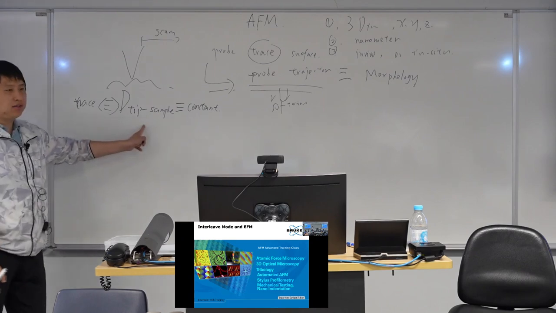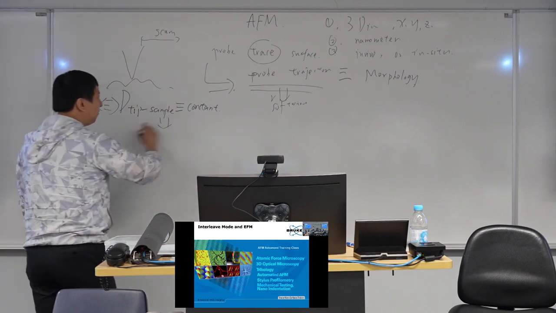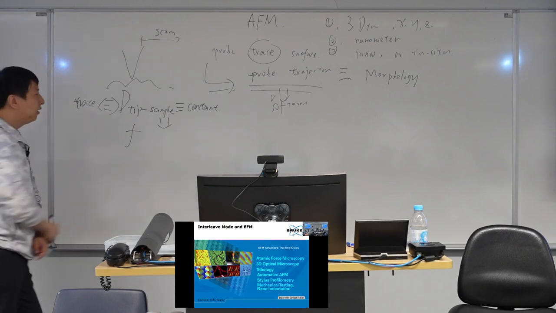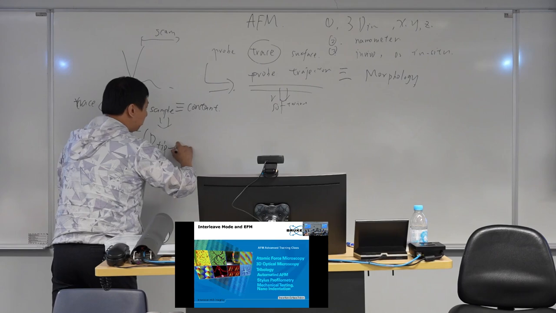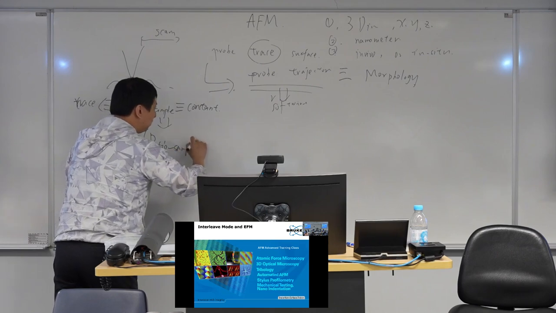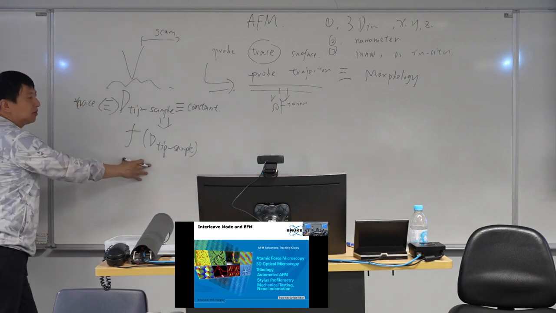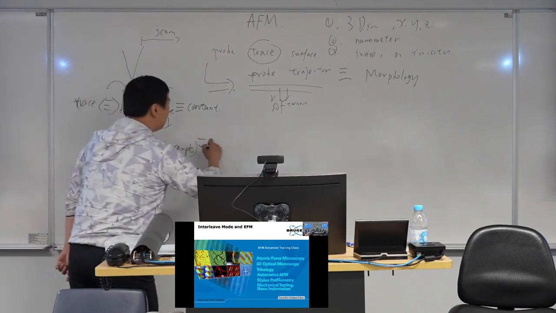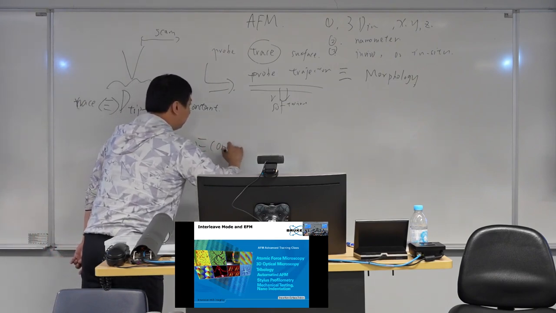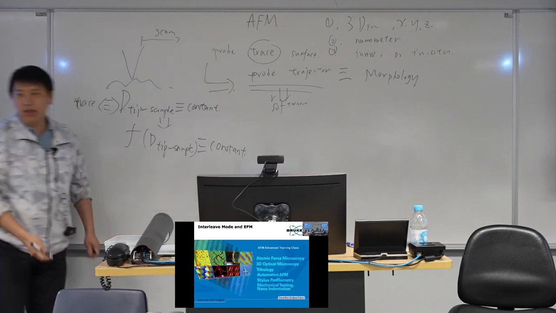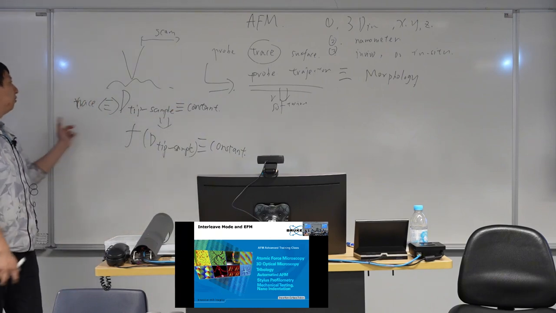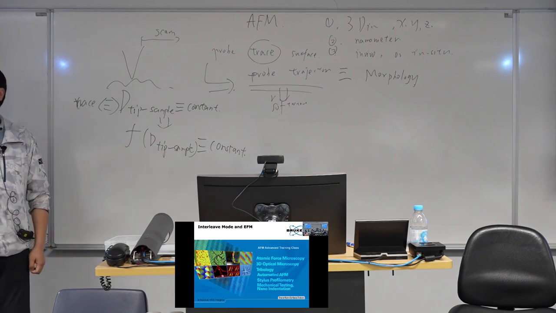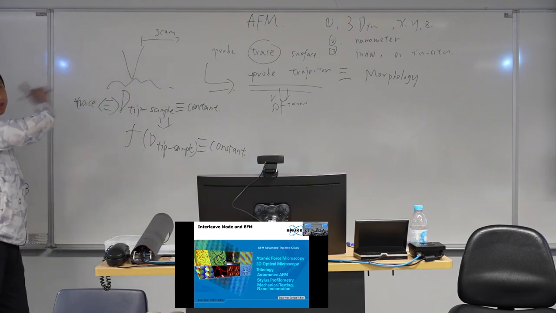How do we achieve that? If we can find a function related to the tip-sample distance, and we can keep this function constant, then the distance between the tip and sample is constant, and the tip traces the sample. Then we let the tip scan back and forth.